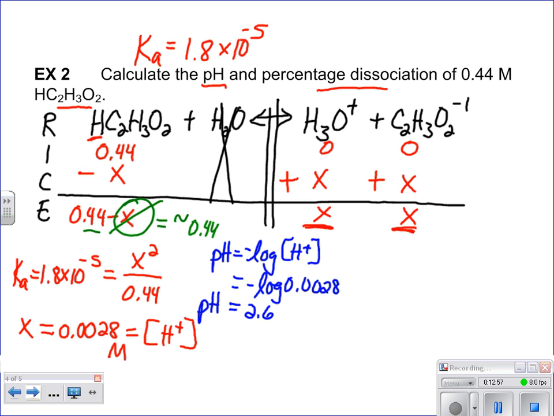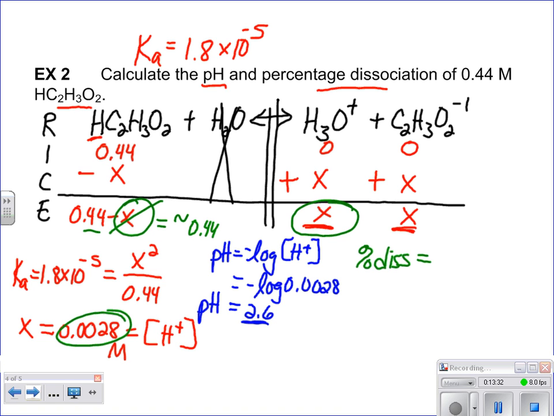You should be able to look at that and say, yeah, that's an acid. That's got a low pH. It's a value less than 7. We can go ahead and also calculate our percentage dissociation. Remember for this, it's going to be the concentration of your hydrogen ion, which is right there, which we know, divided by the concentration of your solution.